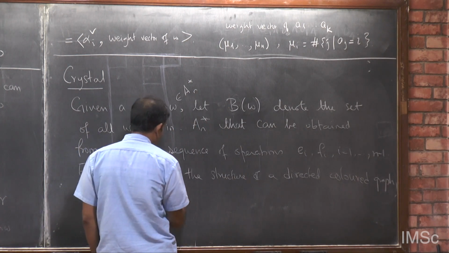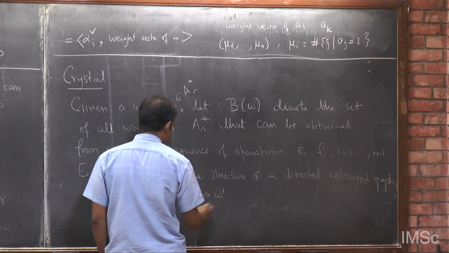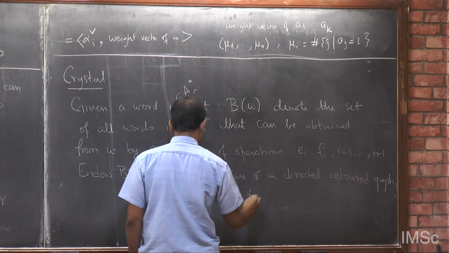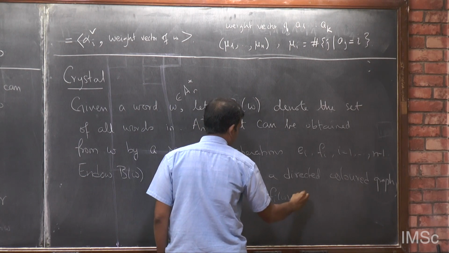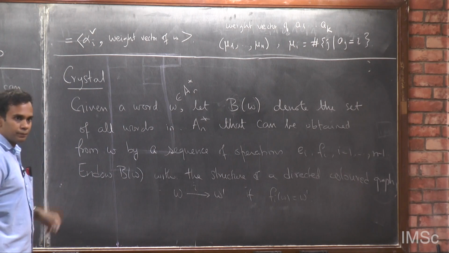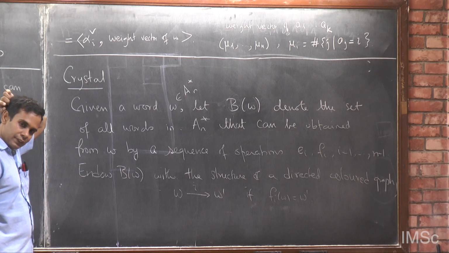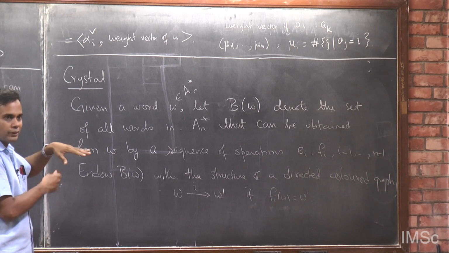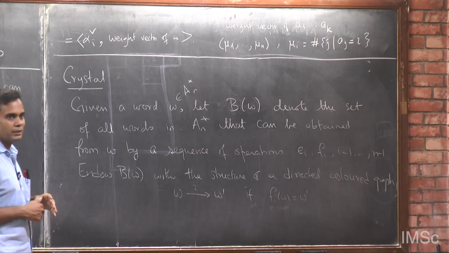There is an edge from W of color I to W prime if F I W is equal to W prime. So that is the definition of a crystal, and this coincides with whatever definition you have seen in the other cases when the paths are based on these words.